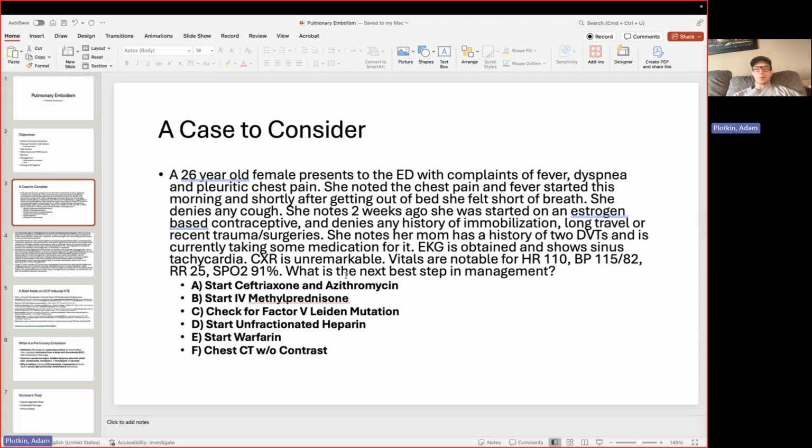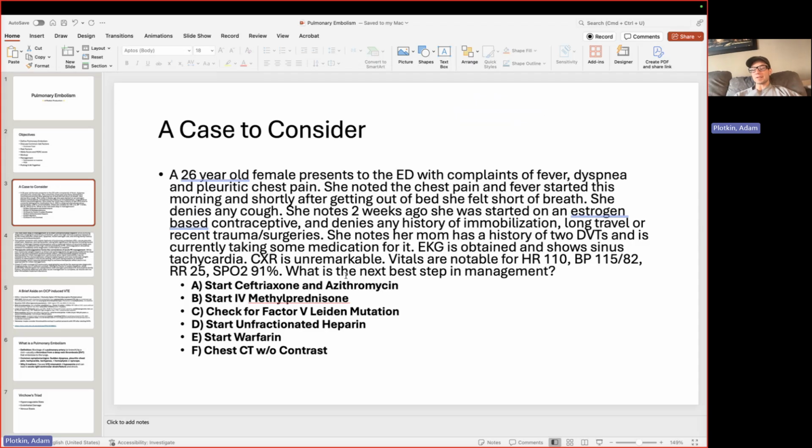So obviously, this is a case on pulmonary embolism, because the whole lecture's on it. She has quite a few signs and symptoms of PE that we'll talk about as the lecture progresses. But whenever you see dyspnea, pleuritic chest pain, tachycardia, tachypnea, hypoxemia, those are all pointing me towards a potential PE.